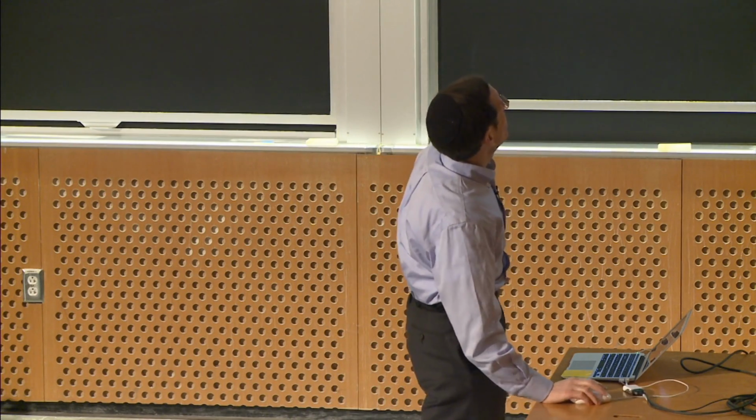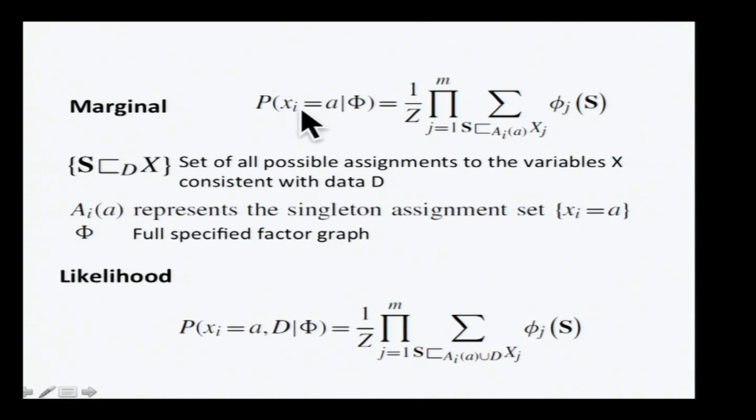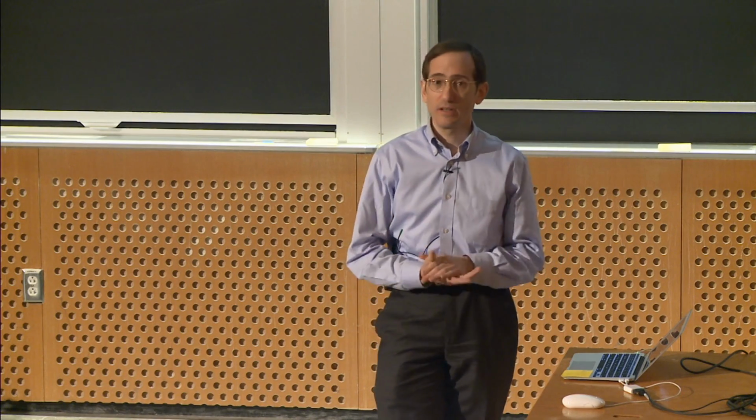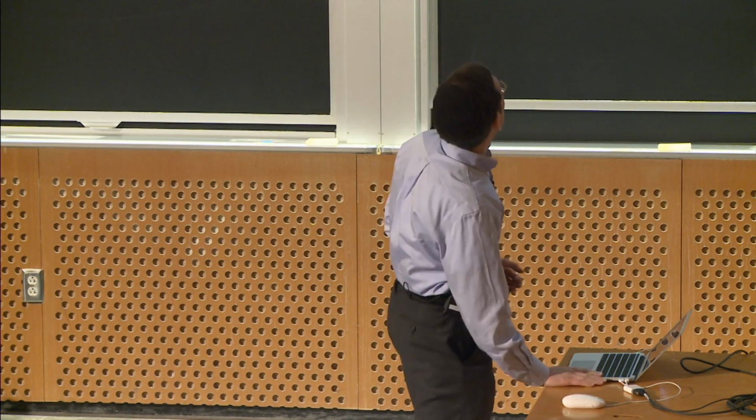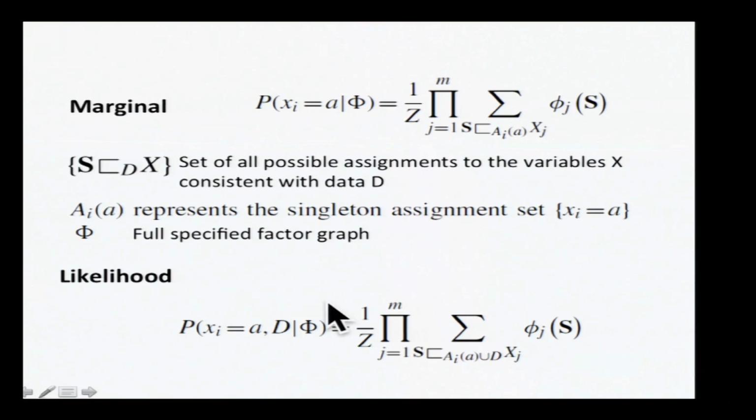And so we want to compute the marginal probability of some particular variable being in a particular setting given the fully specified factor graph, and we just take the product of all of these marginals. Is that clear? Consistent with all the settings where that variable is set to x equals a. Questions? And we can compute the likelihood function in the same way.